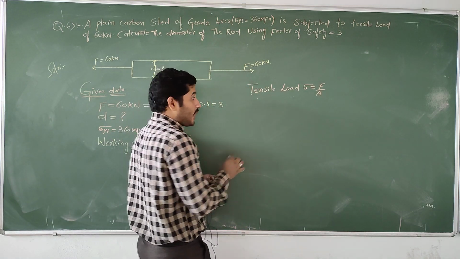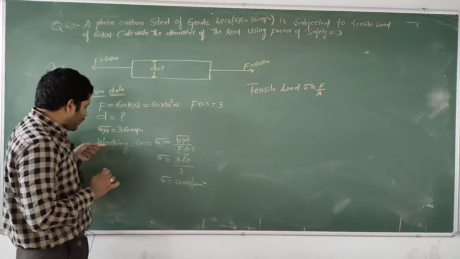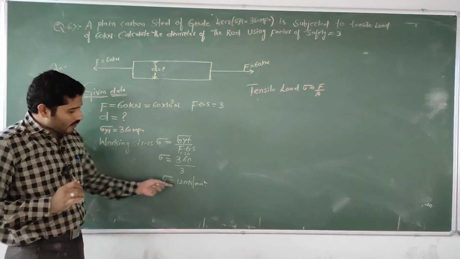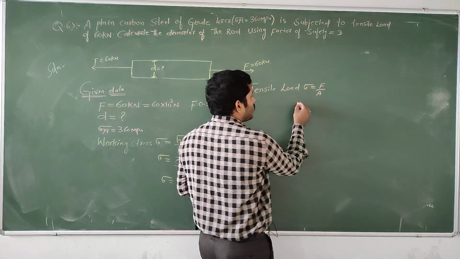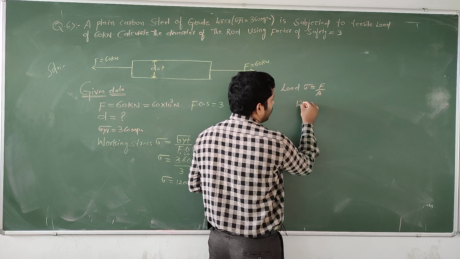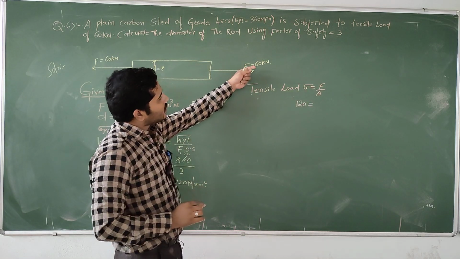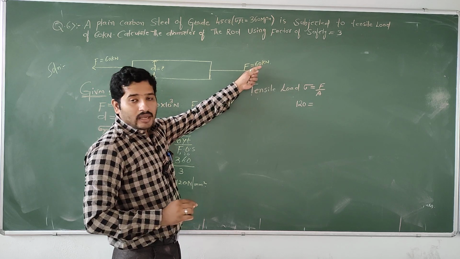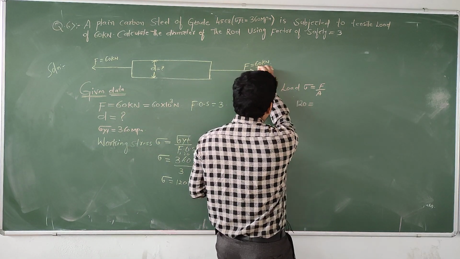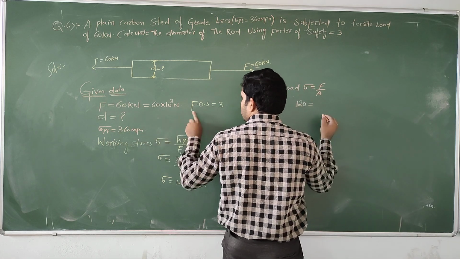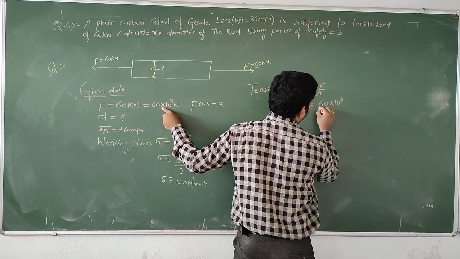The working stress value is 120 Newton per mm square. Then we represent it as 120 equal to the force, which is 60 into 10 power of 3 Newton, divided by the area.